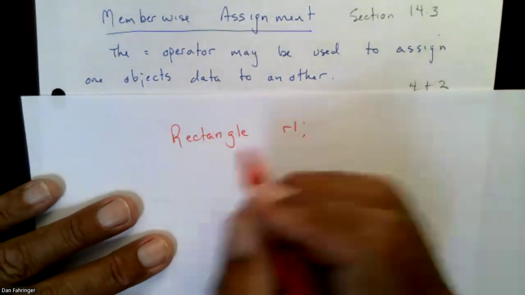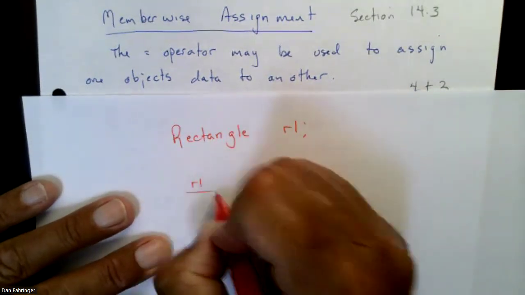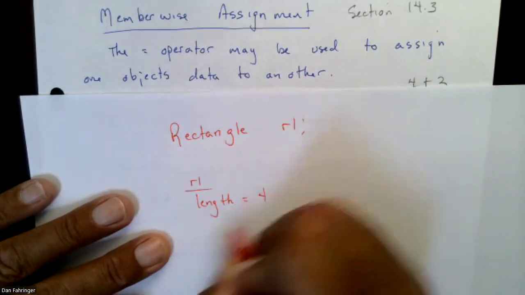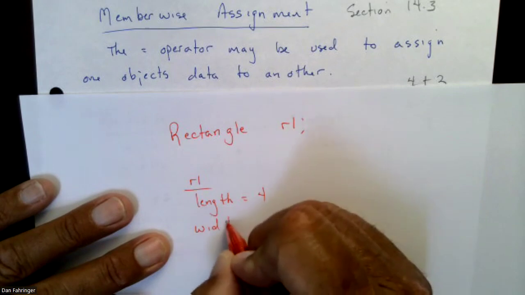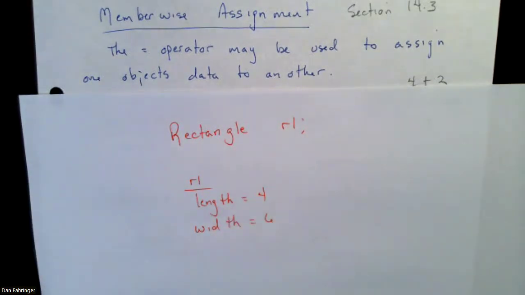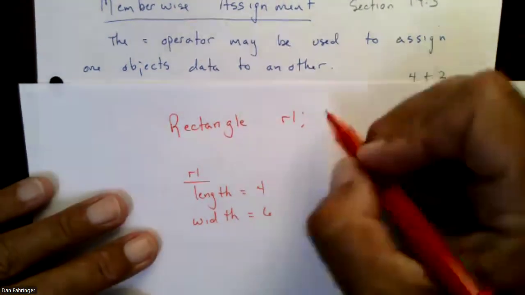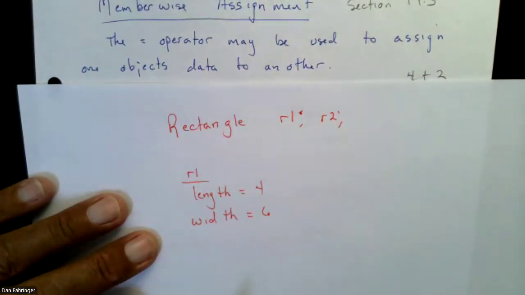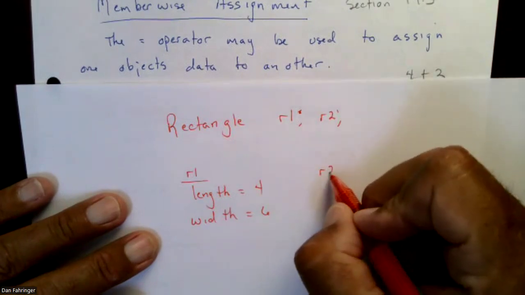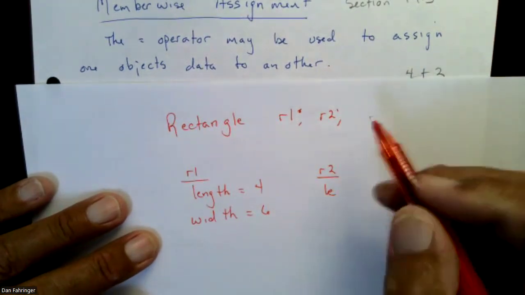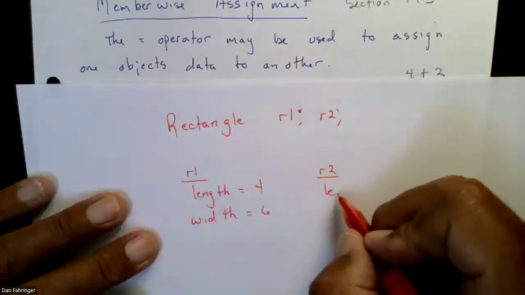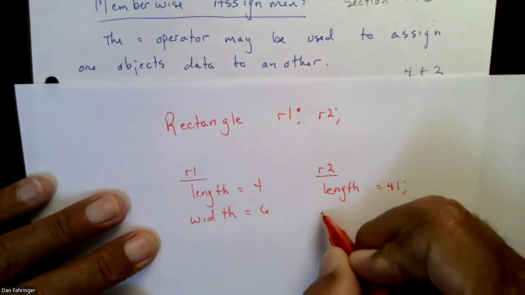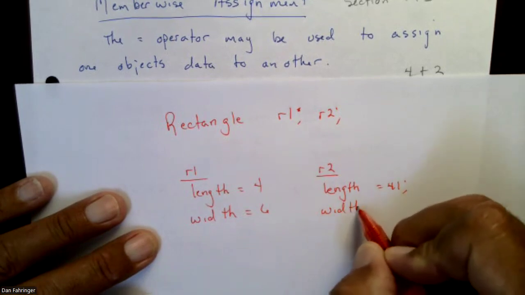And we all remember rectangle has its own length and its own width. If I threw in a second object, R2, I could call it R2D2. It has its own length and its own width.